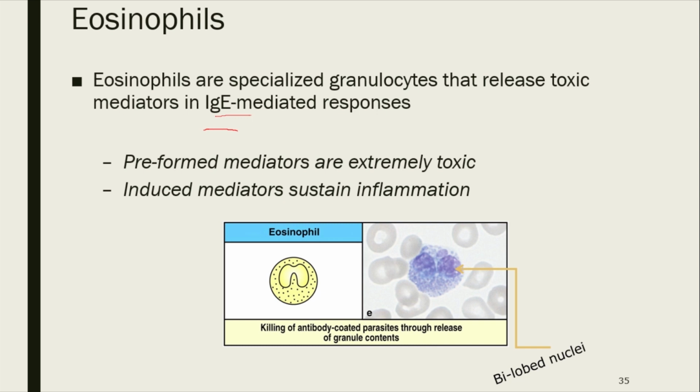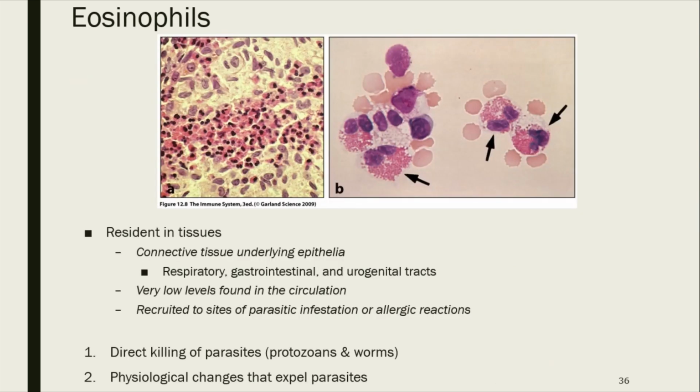The induced mediators are usually responsible for sustaining or amplifying inflammation. These colors, don't worry about that, they stain with the acid dye eosin, so that's why it's called eosinophil.